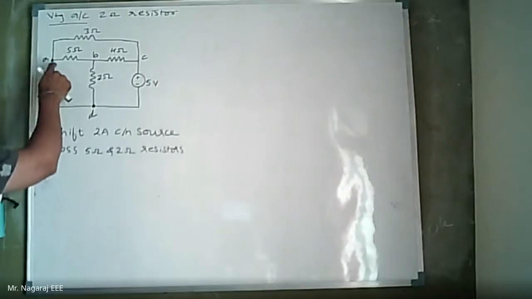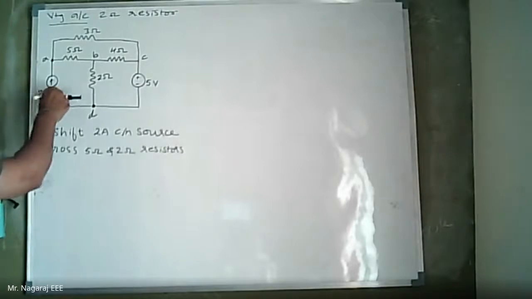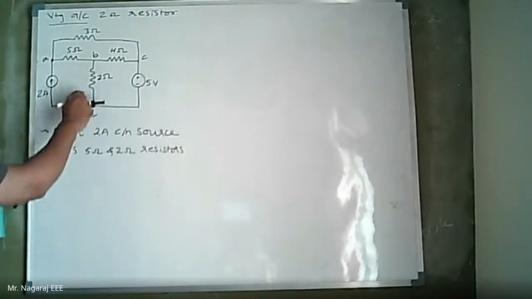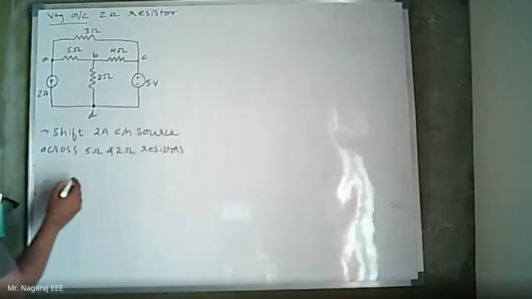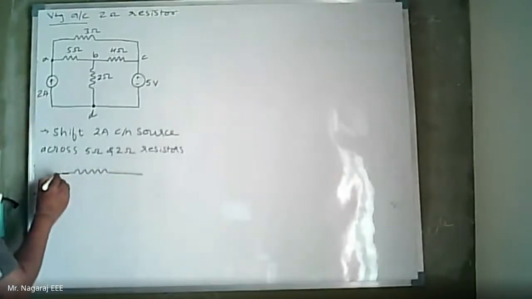Current 2 ampere is entering node A and it is leaving node D. So when I shift this source across 5 ohm and 2 ohm, the direction should be such that the current 2 ampere enters node A and exits node D. So that has to be done in the way shown now.